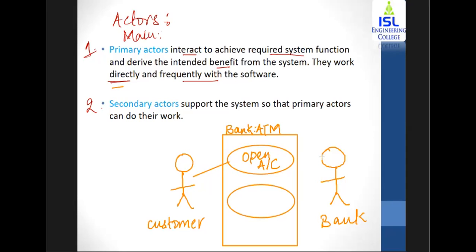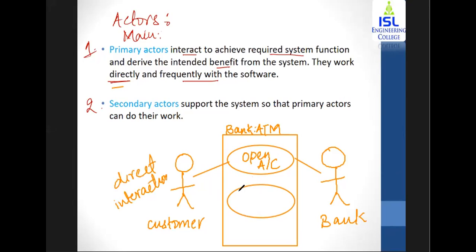He needs the authentication from the bank, where he needs to submit specific documents, then his account is going to be opened. So all these documents are going to be verified by the bank. So bank is your secondary actor. The primary actor is directly interacting with the system. There's direct interaction here. Whereas to complete this task, he needs authentication from the bank to open the account.